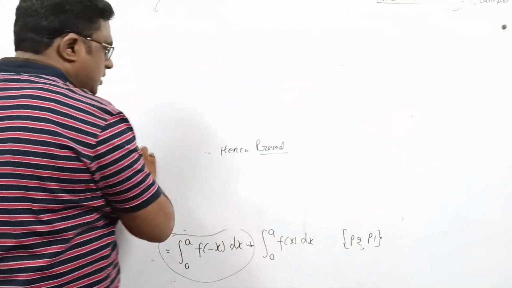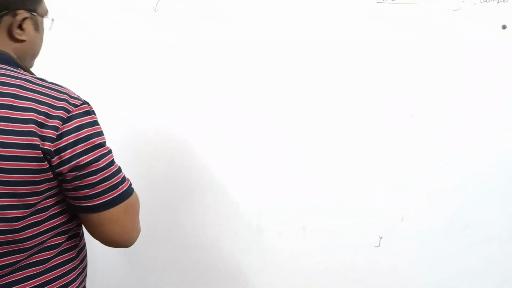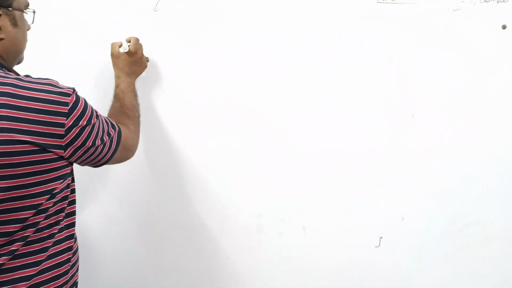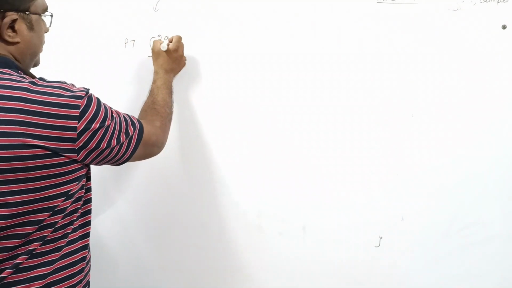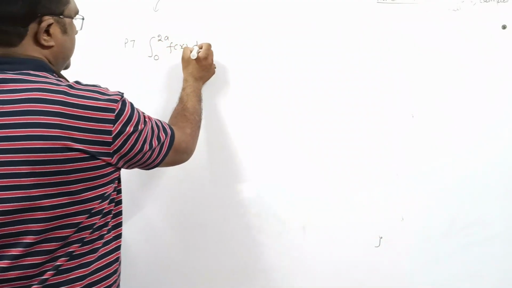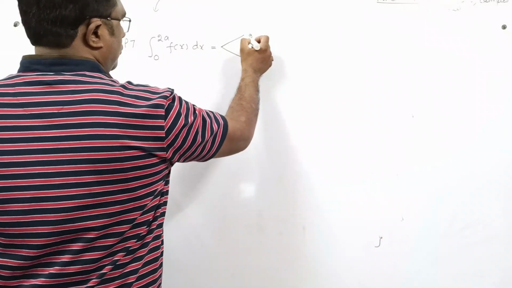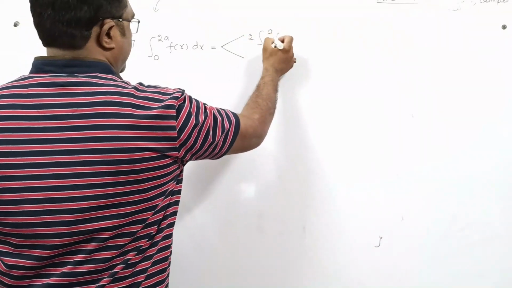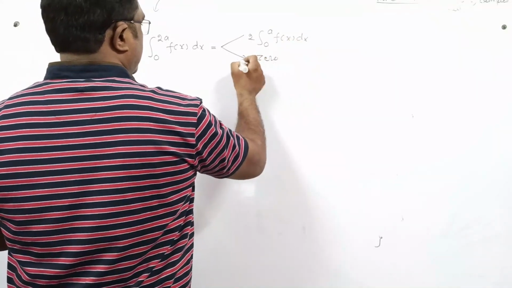Now the last property is left, property number 7. Let us do the proof of that property. Property number 7: integral 0 to 2a f(x) dx is equal to 2 integral 0 to a f(x) dx, and 0.